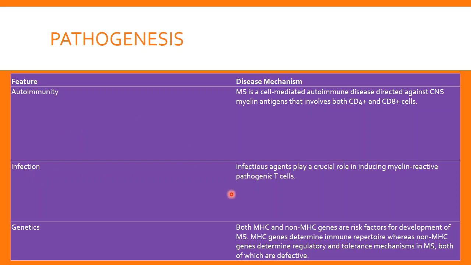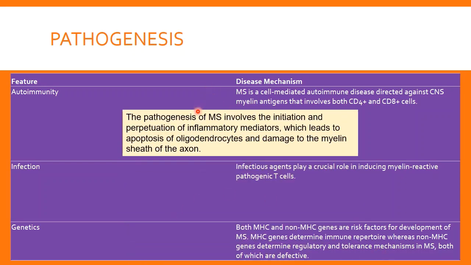Coming to infections, infectious agents play a crucial role by inducing these myelin-reactive pathogenic T cells. In addition, genetics, both MHC and non-MHC genes, are risk factors for the development of multiple sclerosis. MHC genes determine the immune repertoire, whereas the non-MHC genes determine the regulatory and tolerance mechanisms, and both have been implicated to be defective in multiple sclerosis.